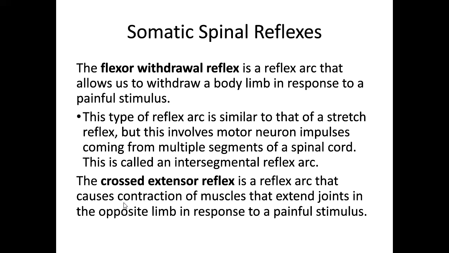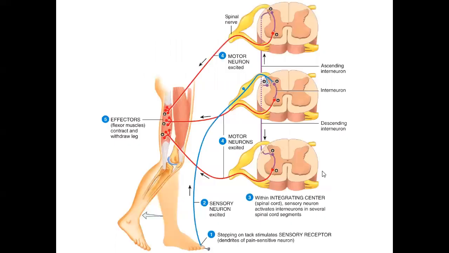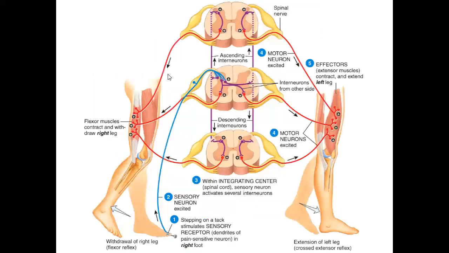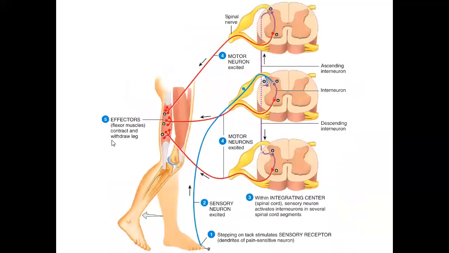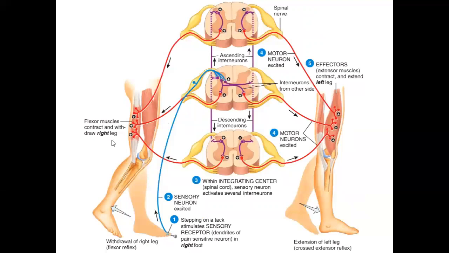This causes contraction of muscles extending joints in the opposite limb in response to a painful stimulus. So here on the following page, we put it all together. If I draw a line basically down the center of this picture, from center to the left, this is the flexor withdrawal reflex, just the exact same thing that was on the previous page.